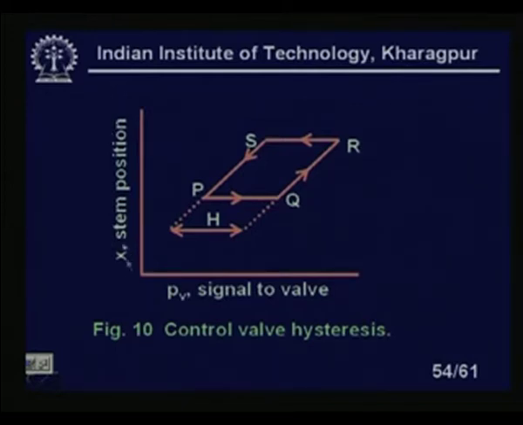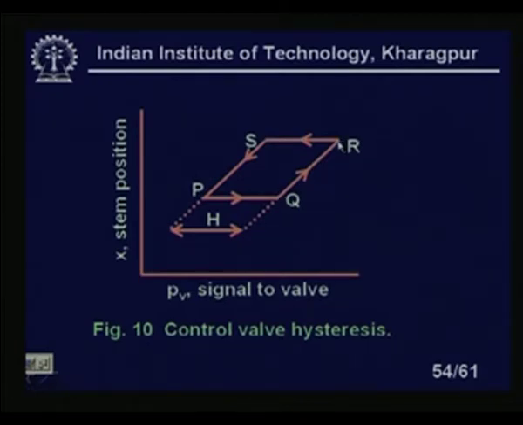On the y axis I am placing lift, and on the x axis the pneumatic control signals. I am giving the control signals, but I am not getting any stem position. Suddenly there is a stem position, it is increasing. I am changing the signal, and when it overcomes the friction, it goes like this.